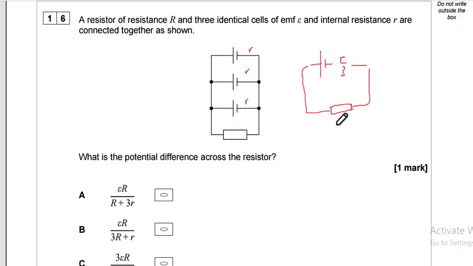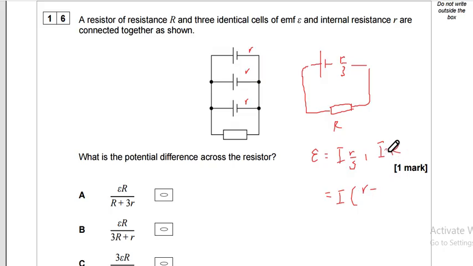Okay, so eta equals IR over 3 plus IR, which equals, taking a common factor, we can simply add R over 3 plus R as follows.